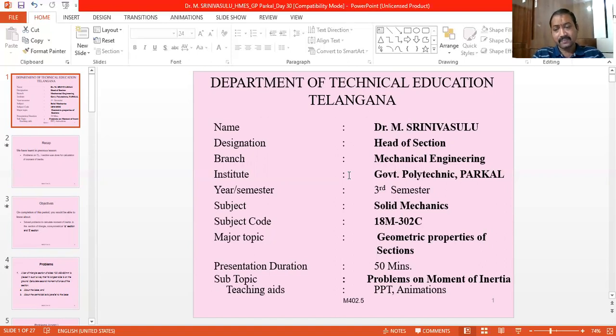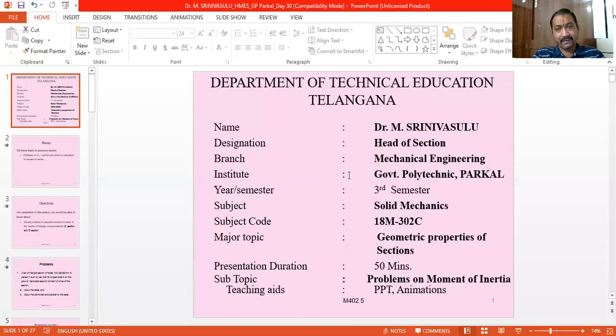And sometimes we can also find out the moment of inertia about the z axis. So here we know x, y, z are the mutually perpendicular axes. According to the perpendicular axis theorem, Izz is equal to Ixx plus Iyy.